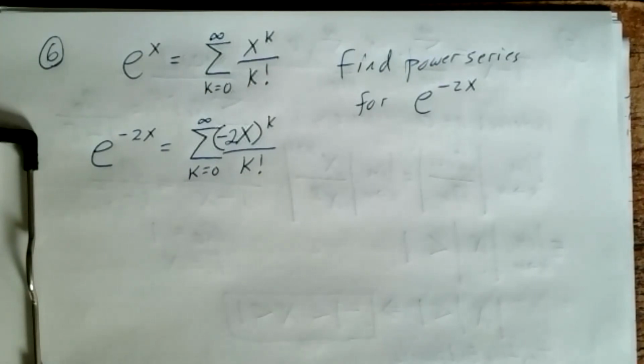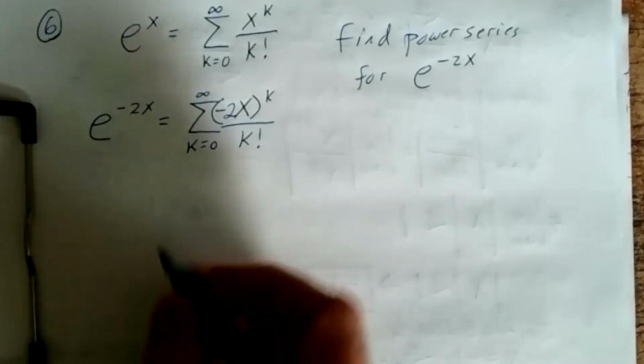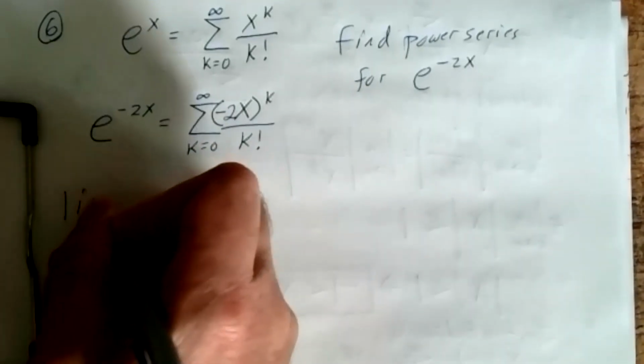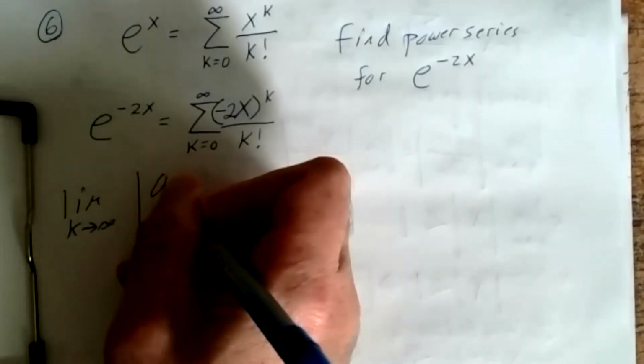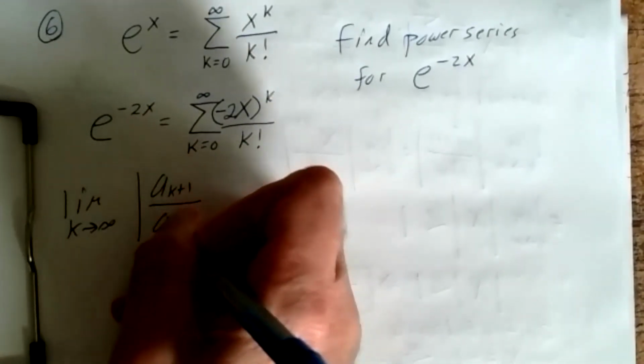And they want us now to find the interval of convergence here for this power series. And to do that, we use the ratio test. So here we go. Limit as k approaches infinity of the k plus 1th term divided by the kth term.